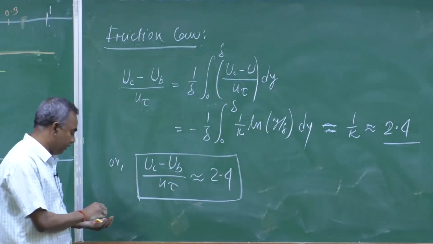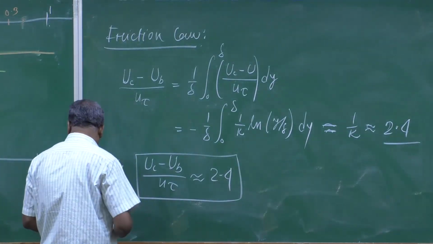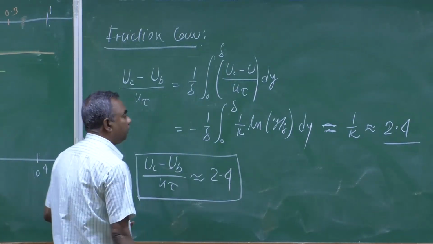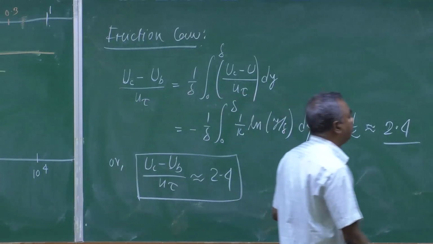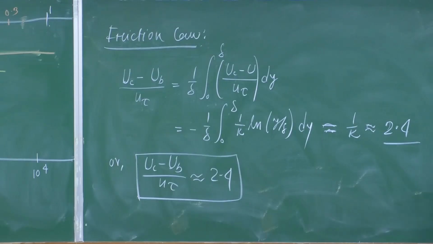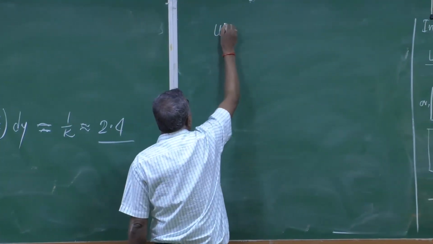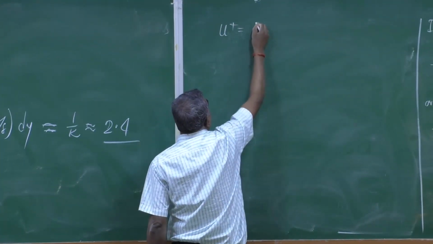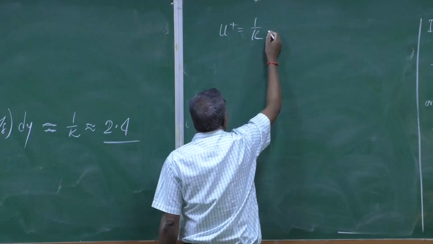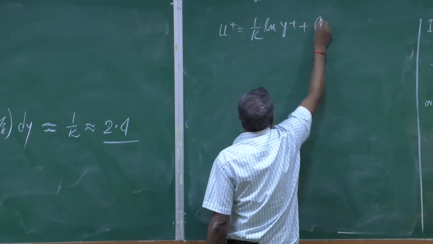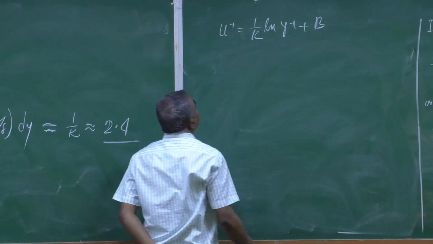Now, if this is the case, we have got two equations in the overlap layer. Our log law is u plus is equal to 1 by kappa ln y plus plus b.